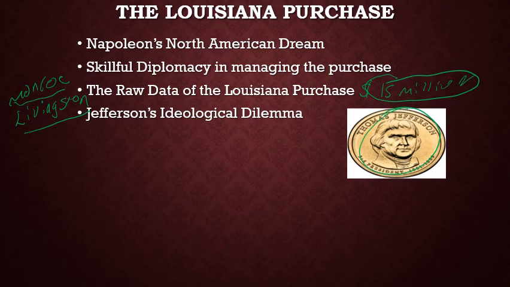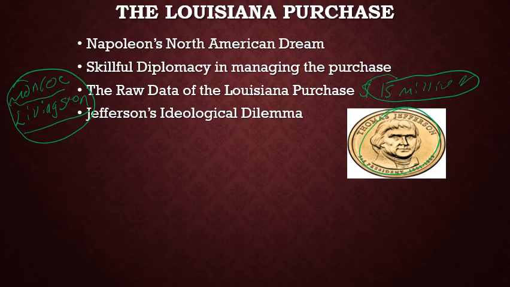Did I act within the rights of the Constitution to accept this deal from the French? So Jefferson, who is more of a states' rights guy, more of a smaller government guy, says, I don't know if I overstepped my bounds here. He's actually very upset with Monroe and Livingston for making this purchase without his consent.